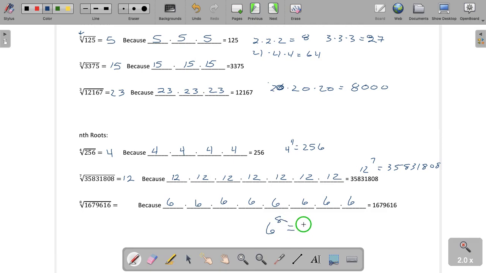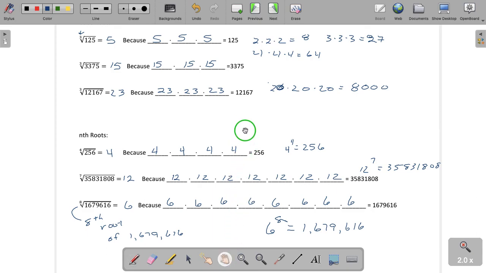Okay, 6 to the 8th is 1,679,616. And so that answer is 6. The 8th root of 1,679,616 equals 6, right?